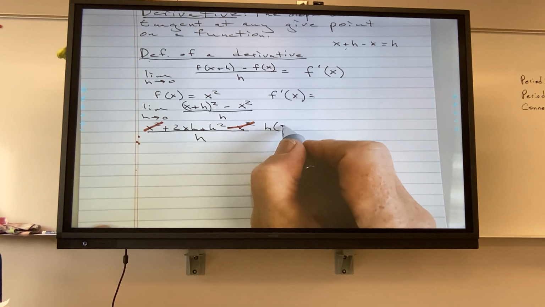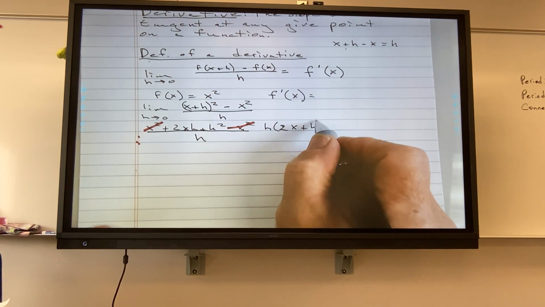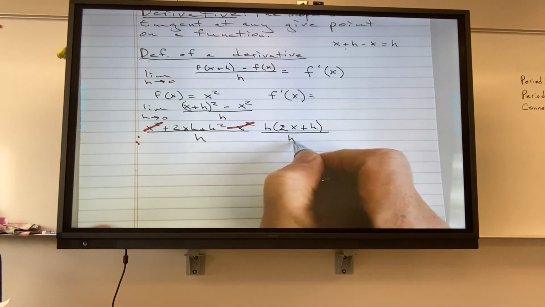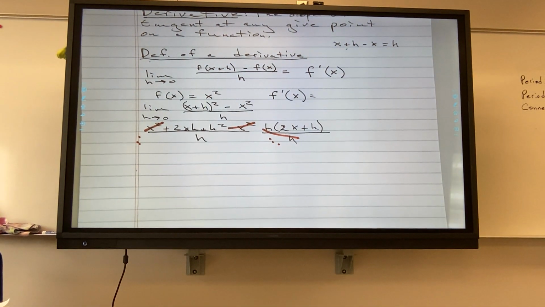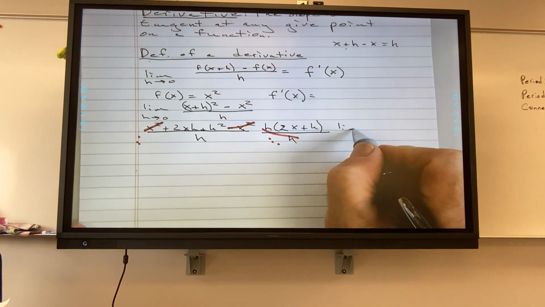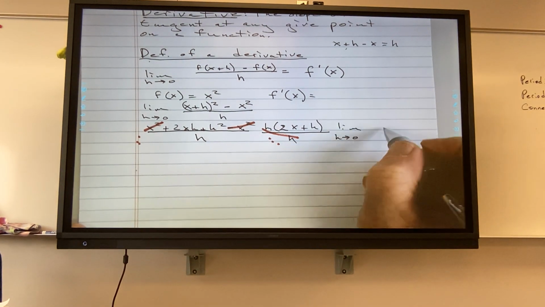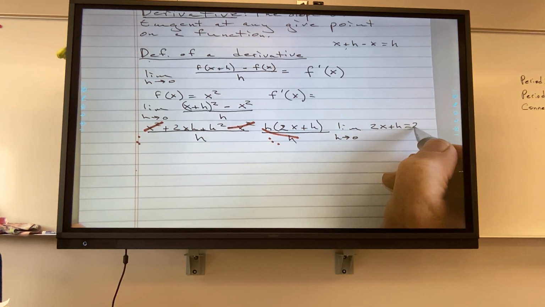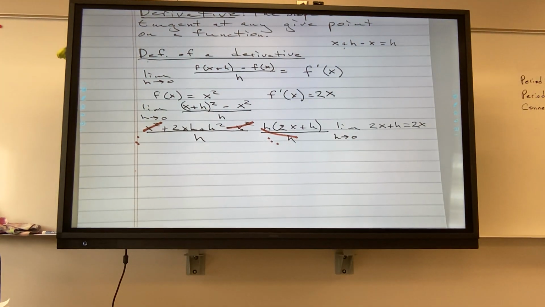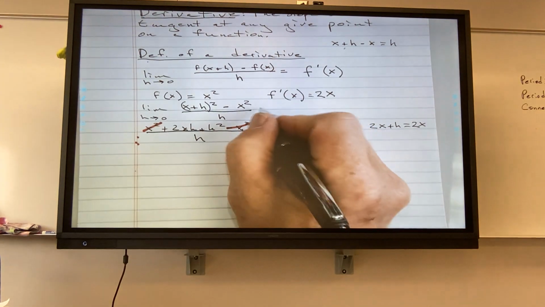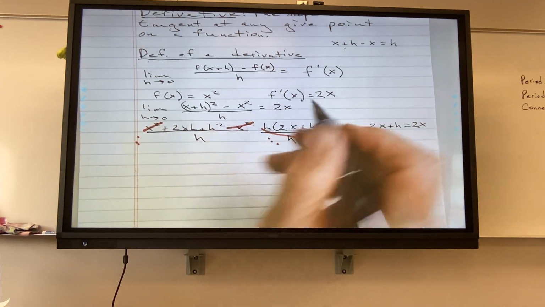And I get 2x plus h divided by h. I can simplify again. And now I'm going to take the limit. I have to take the limit as h approaches 0 of 2x plus h, and I get 2x. So this equals 2x. So the limit of this is 2x.